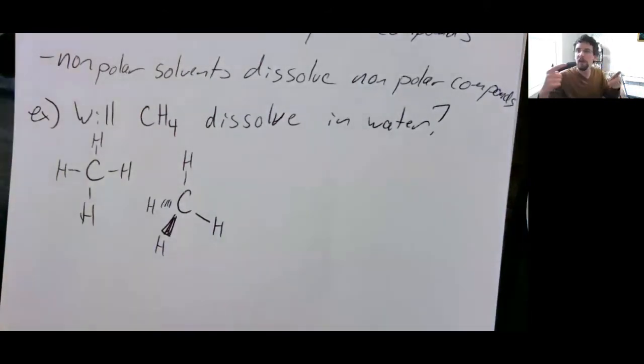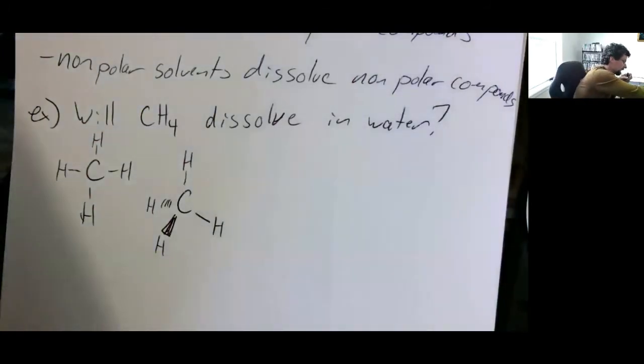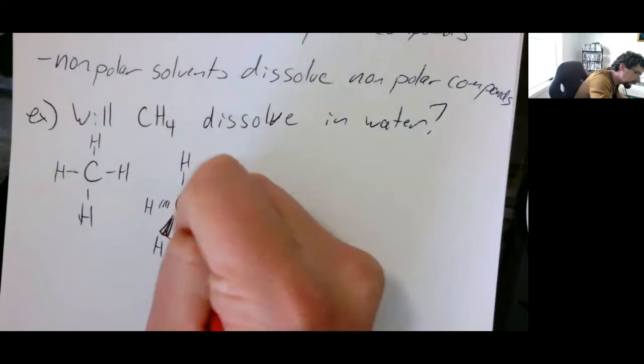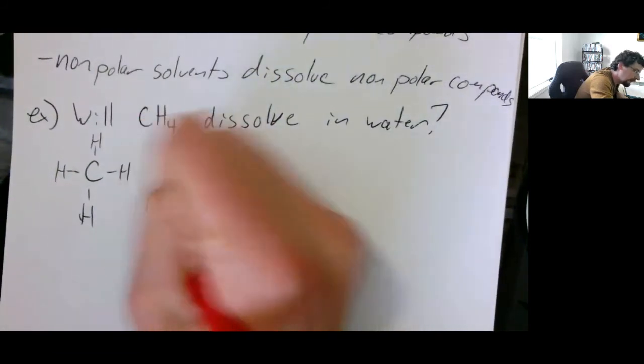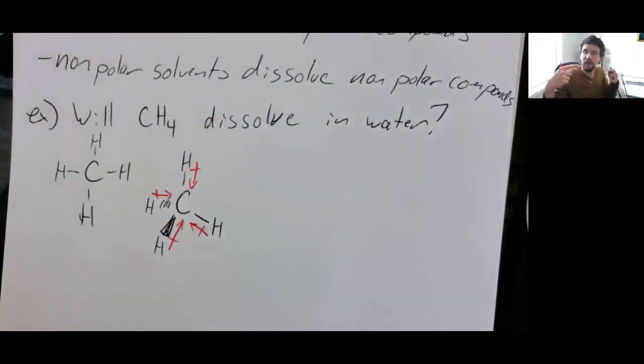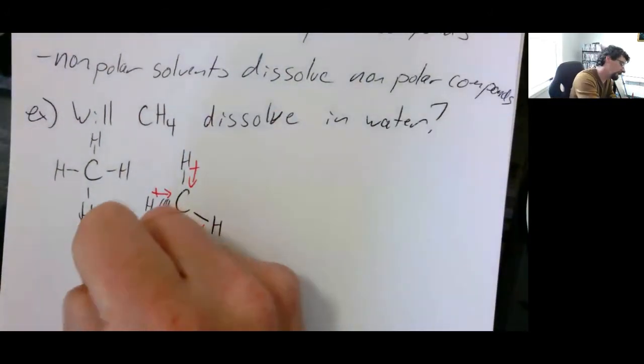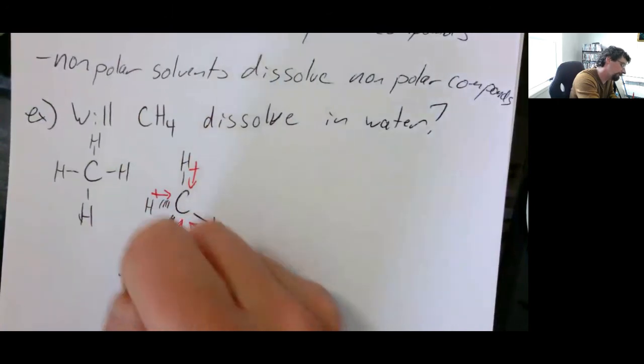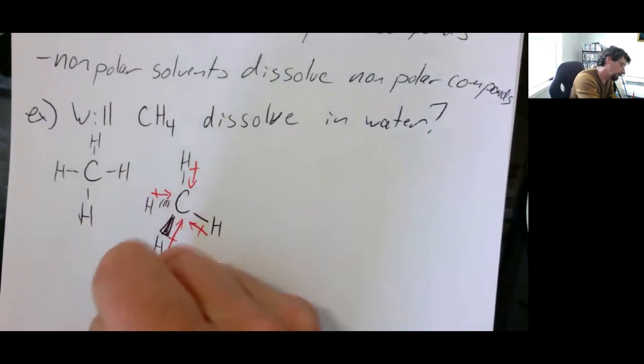So we have to consider these molecules in 3 dimensions. We know we have bond dipoles that are all pointing towards the central carbon, and they're all equal, yet pointing in different directions. So what we know about this molecule is that it has no overall dipole moment, and it is nonpolar.